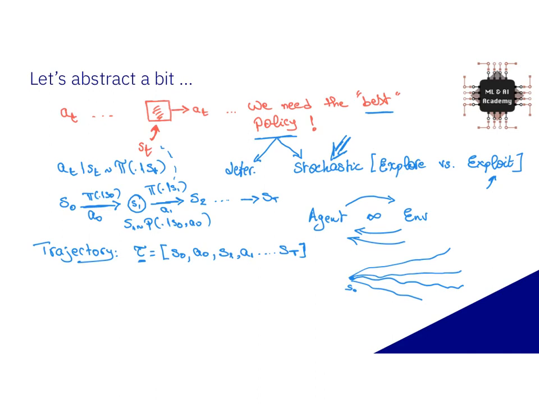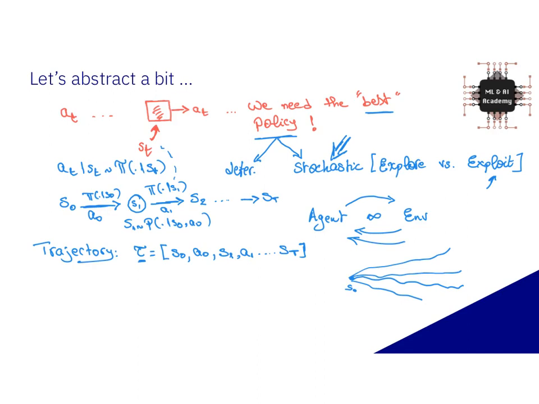That's why we cannot treat tau as a deterministic entity, but need to treat it as a stochastic one, because the transition model is stochastic and the policy is stochastic. So we know that tau is a random variable.